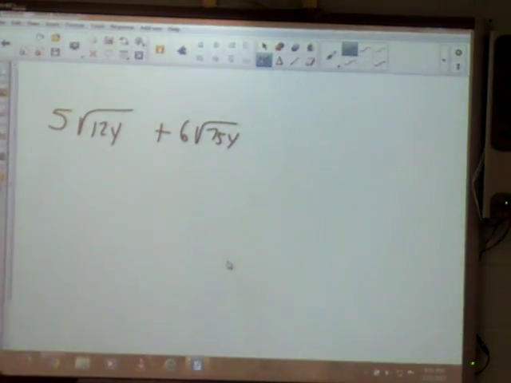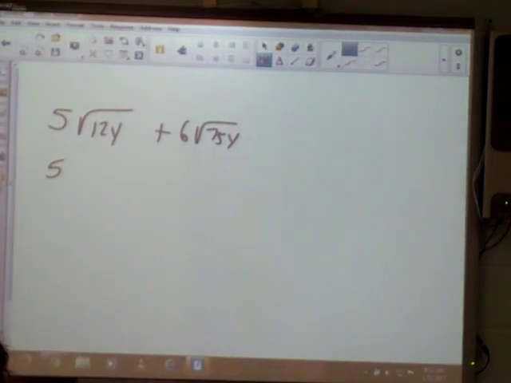Alright, y'all listen. We got 5 square root of 12y plus 6 square root of 75y. As it is, we don't have anything we can do to it, right? But I know that 12 and 75 are both going to break down. On the 12, what's the biggest perfect square that'll go evenly into 12? 4.